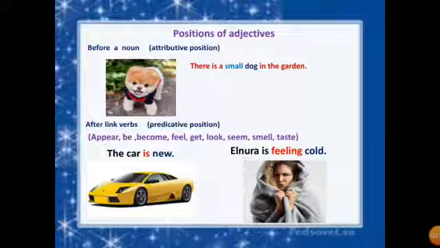In this sentence, the adjective new is used after the link verb to be. The next, Elnura is feeling cold. In this sentence, the adjective cold is used after the link verb feeling.